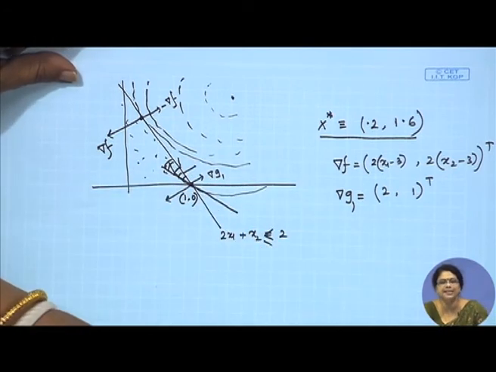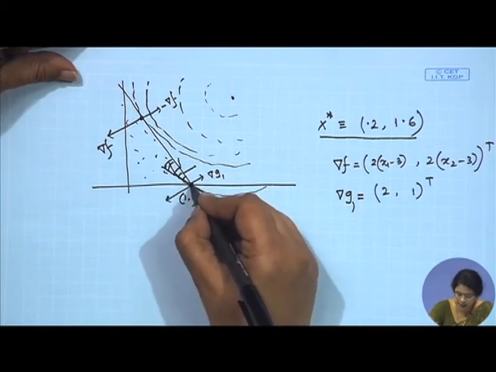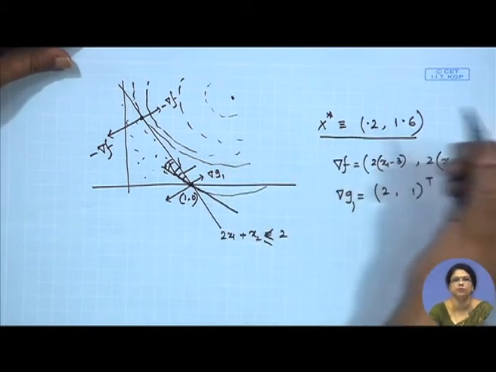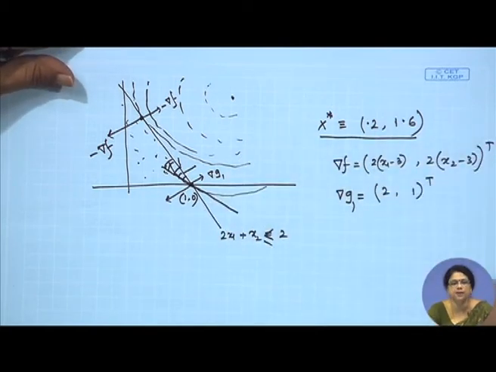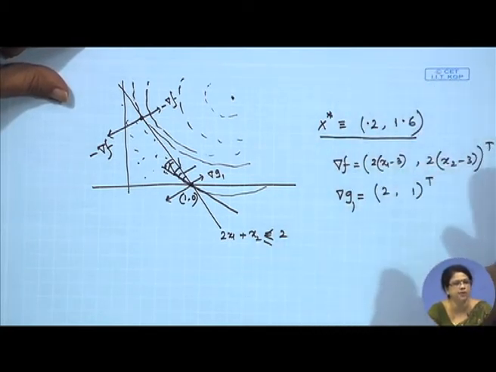And what will be the descent direction? The descent direction would be at this point. This is the descent direction, this is minus grad f, this is the ascent direction of the objective function. Feasible cone in terms of constraint, but descent direction in terms of objective function. Since we are interested to find out the descent feasible cone, we have to consider the intersection of these two spaces.